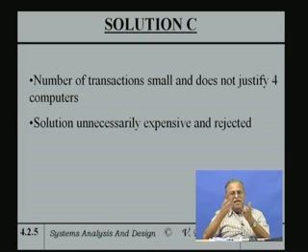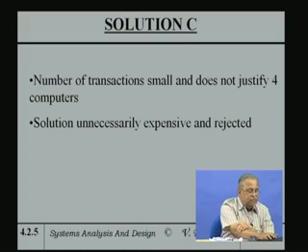So, solution C is rejected, because it is too expensive. So, we take solution B, which is sufficient for the particular purpose, and it will meet our goals and sub goals, and the meeting of the sub goals and goals is based on the programs you are going to write, which are going to ultimately meet the goals and sub goals.